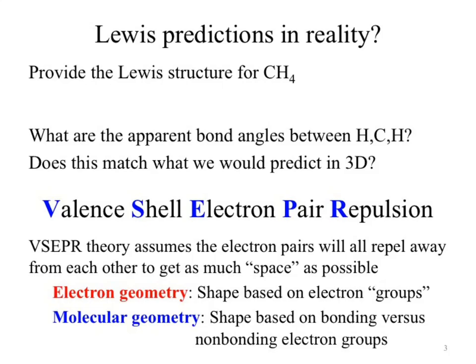So what they went through and did with that theory is said, okay, we've got the basic outline of what Lewis is giving us, where all the electrons are located. Now what we're going to do is predict what would happen with those electrons. We know they want to get as far away from each other as possible. What three-dimensional shape is generated in that process? We end up getting two subcategories when we look at our VSEPR theory.